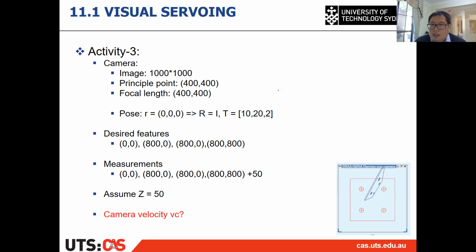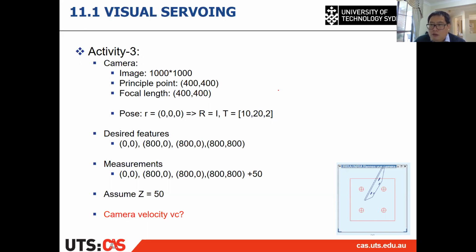For example, you write the equations about how to calculate the feature Jacobian, how to calculate the pseudo inverse, and how to calculate the camera velocity. Those main equations. And after that, you need to calculate the necessary variables for the real case.